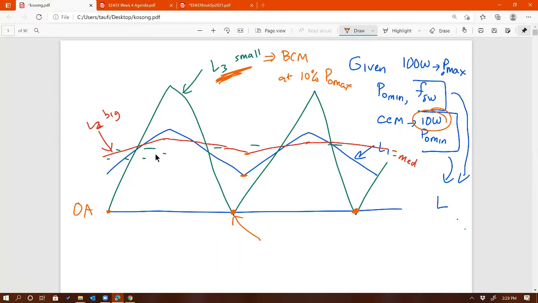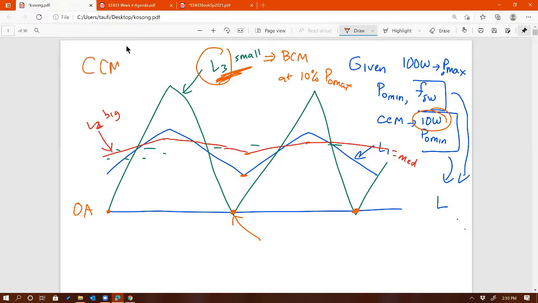Now this condition right here, or this value, I should say, this value of the inductance L3 that I choose right there, is what we call critical inductance. So critical inductance is the inductance value that would produce inductor current that's going to be BCM, borderline, basically. Now, in general, we want our DC to DC converter to operate in CCM.